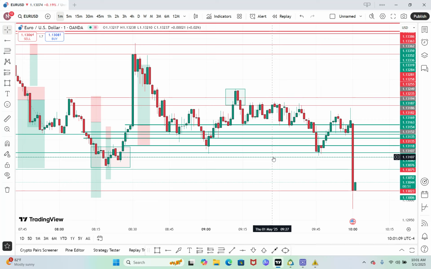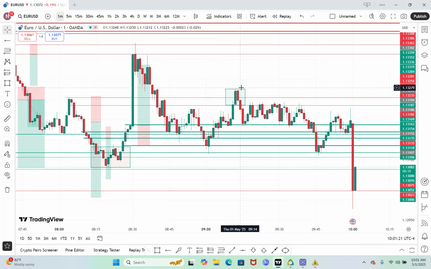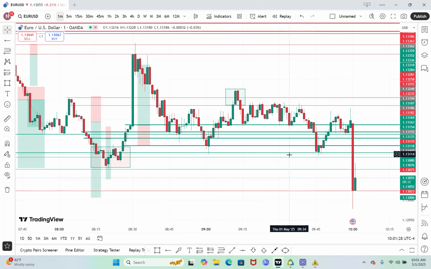But by doing that, sometimes it might work against us as well. We might miss out on some opportunities like this one, but it will also prevent us from going into losing trades. We don't want to overtrade, right?